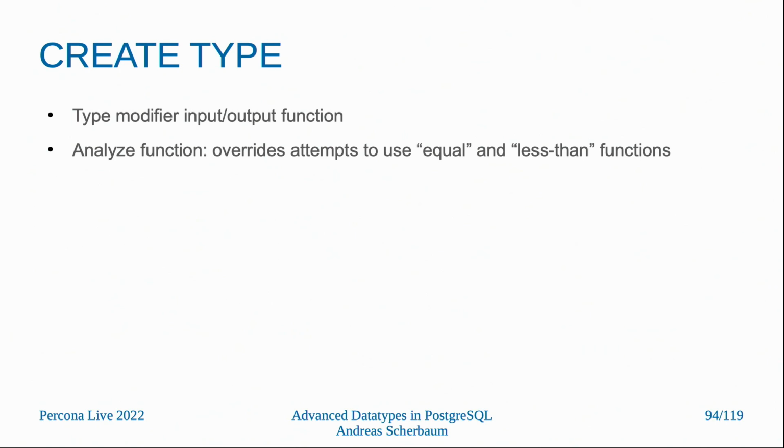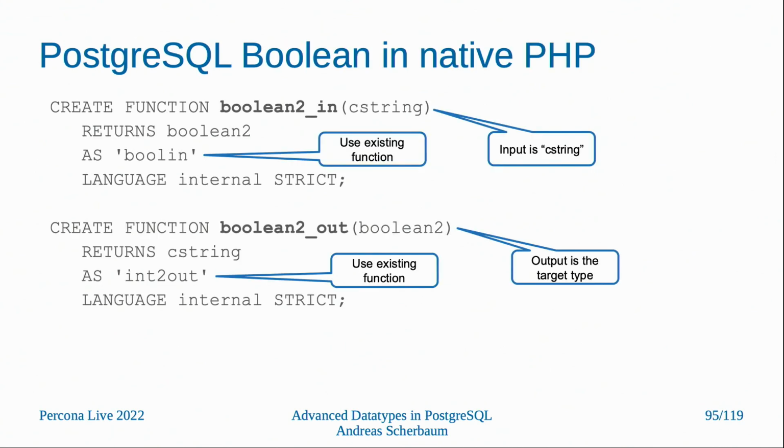Lucky us, we had text already in there, and we wanted to have Boolean back, but a different Boolean type. So we don't have to write new input-output functions. We just had to use different ones. So we have a Boolean in function. We're getting a C string in. Boolean in, that's our new data type name, Boolean2.